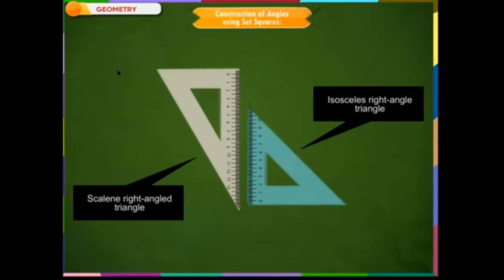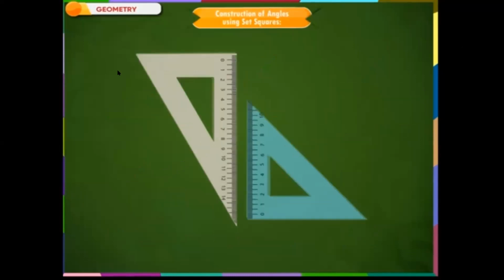One of the pair of set squares in the geometry box has angles measuring 90 degree, 45 degree and 45 degree and has equal sides with the angle containing 90 degrees, while the other has angles measuring 30 degree, 60 degree and 90 degree and has unequal sides.